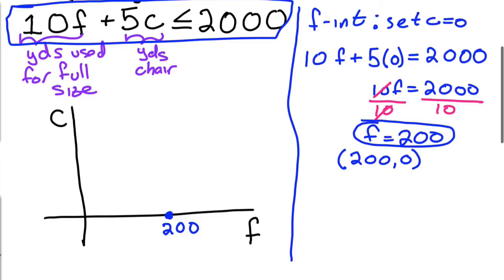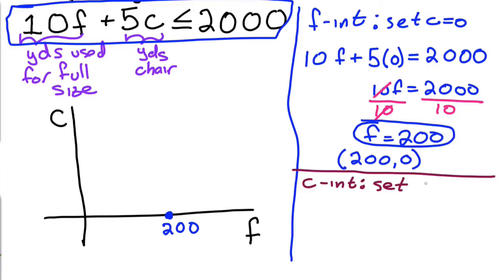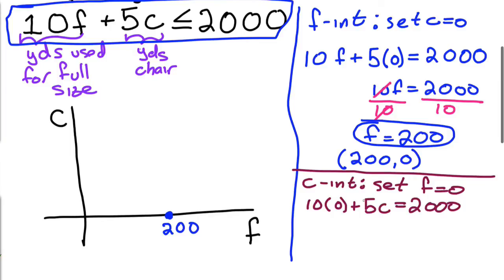Now to find the C-intercept, I'm going to do the same thing. To find the C-intercept, I'm going to set the opposite, which is F equal to 0, and solve. So then I would get 10 times 0 plus 5C equals 2,000. Notice that 10 times 0 is 0.